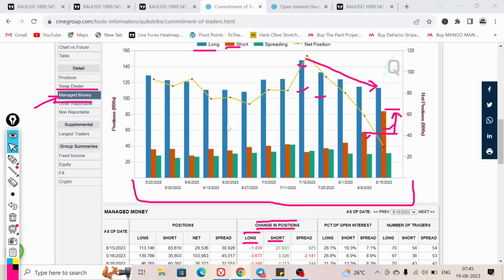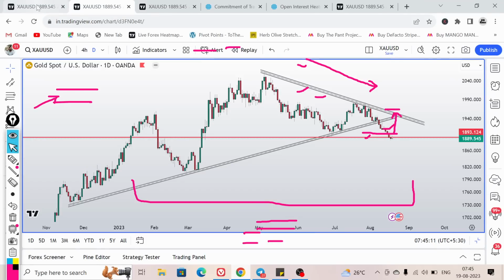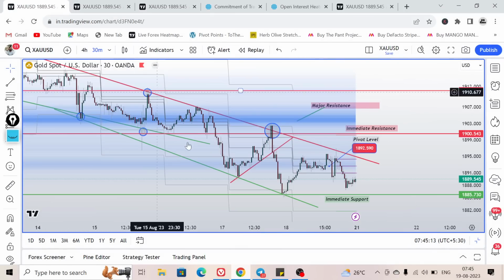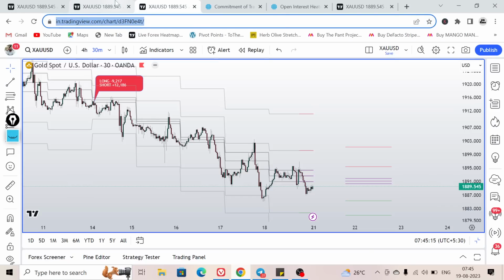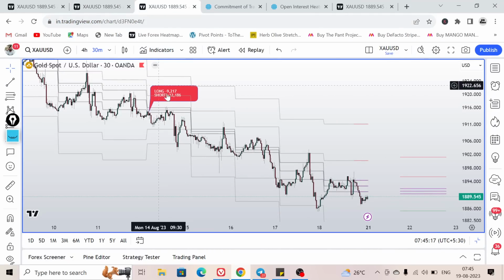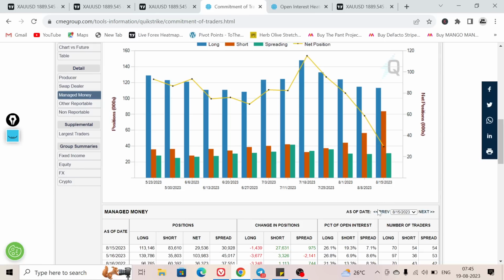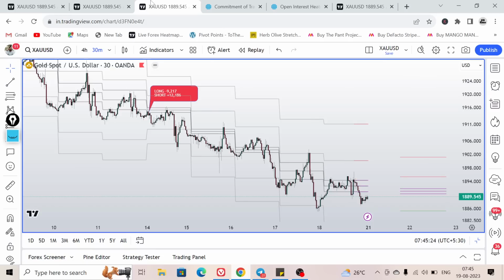And if we check it on the candlestick chart, you can see that in the previous week, this is the Monday opening. In the previous week's COT report, if I go back from here, these were the positions: -9217 in the long, and they added a good number, 12186, in the short.